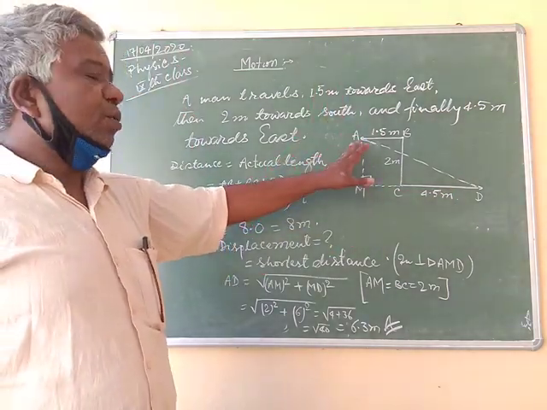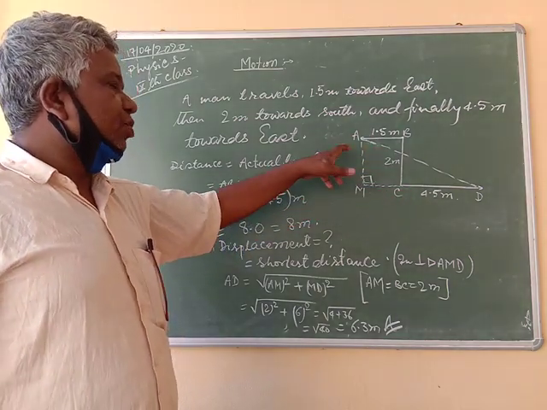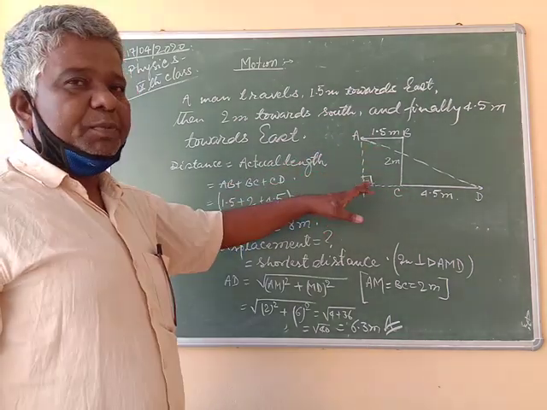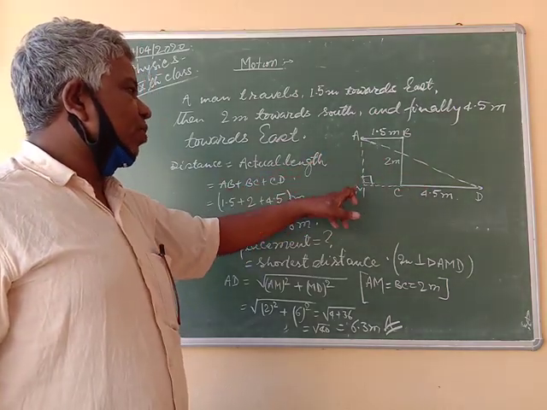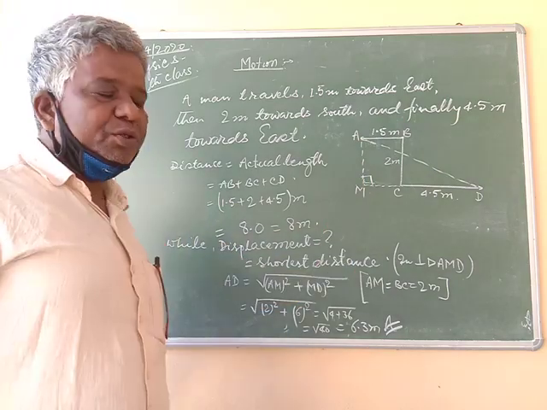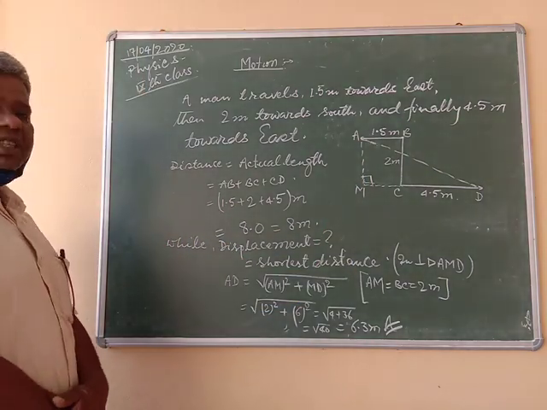As you all know, in a right triangle, the square of the hypotenuse is equal to the sum of the squares of the other two sides, so AD squared is equal to AM squared plus MD squared. Is it clear?